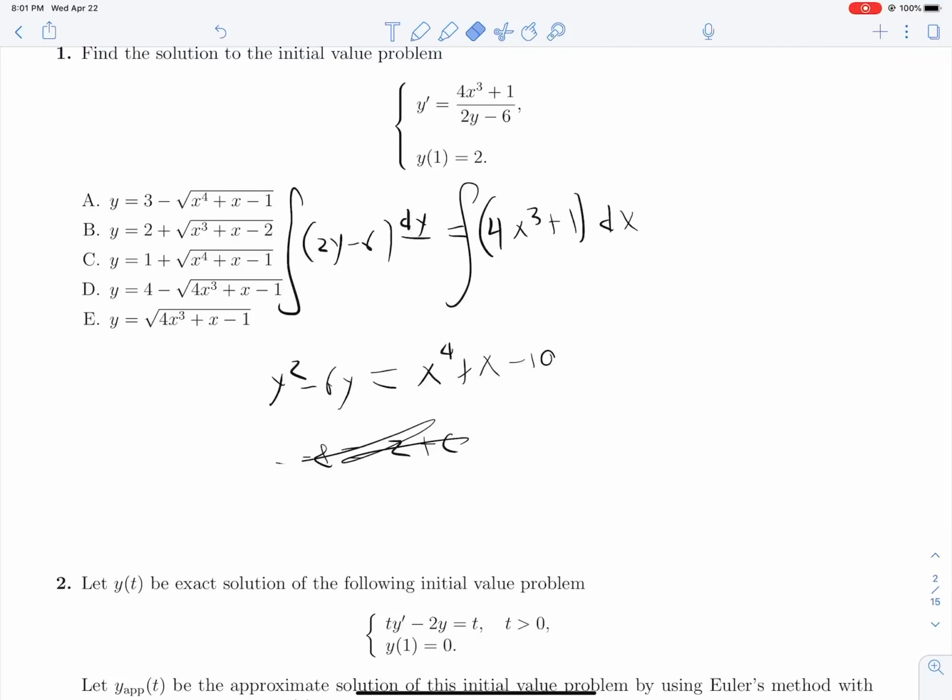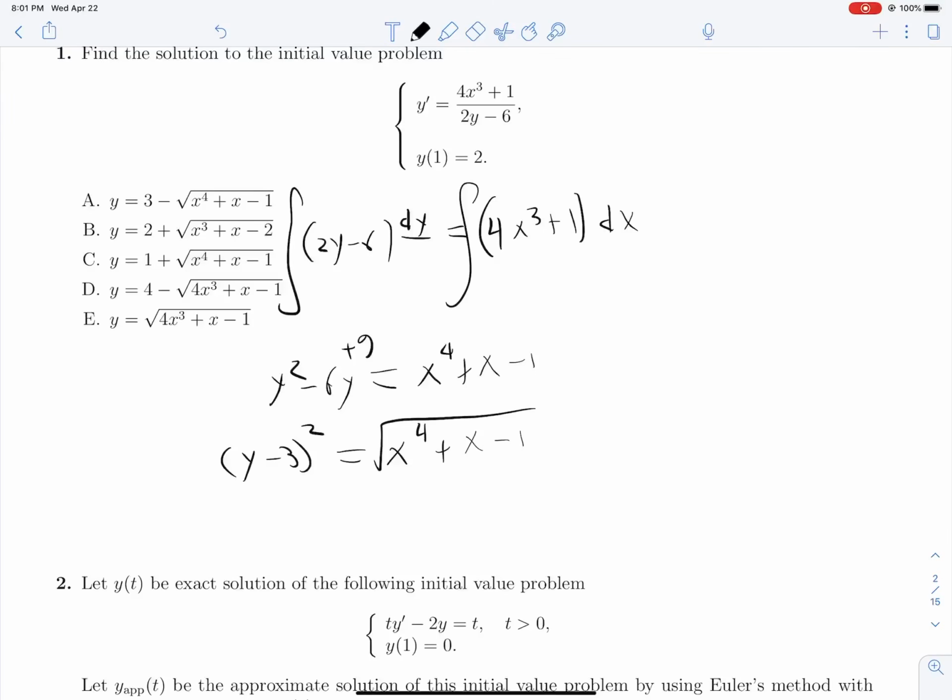10 over here. So what do we need to add to both sides to complete the square? Well, y minus 3 squared will be y squared minus 6y, that's good, plus 9. So let's add 9 to both sides. So we can say that this is x to the fourth plus x minus 1.